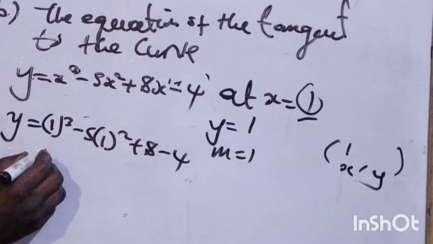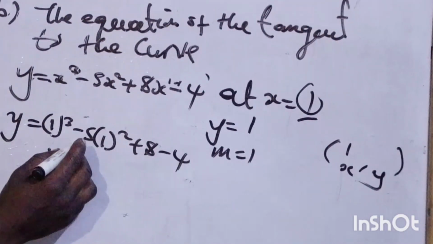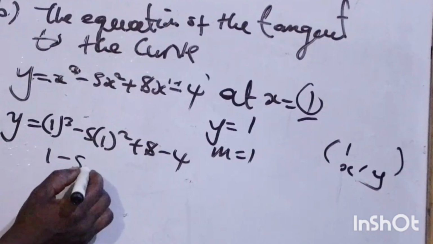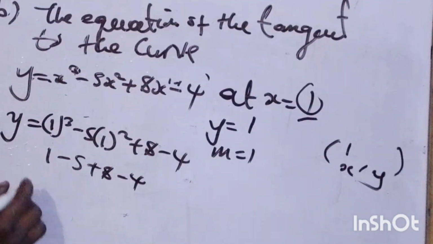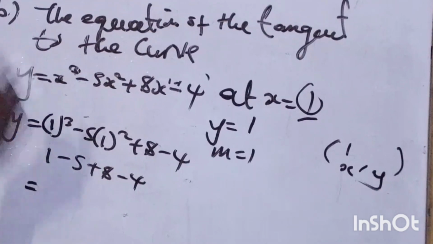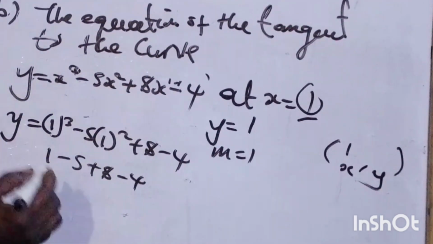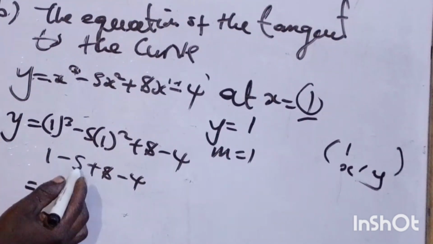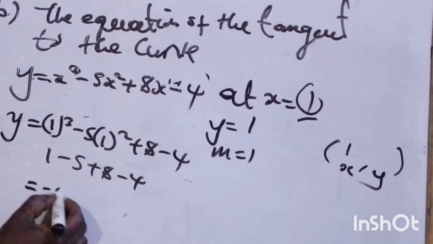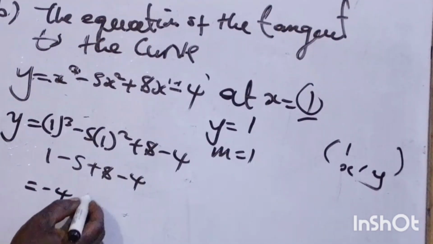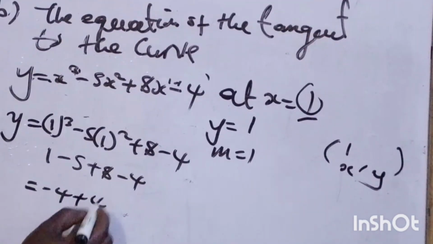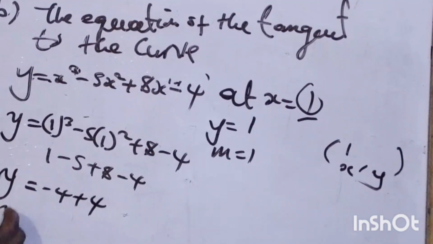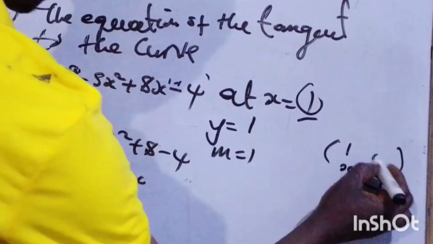Then 1 cubed is 1, minus 5 times 1, we're going to have 5, plus 8 minus 4, in which 1 minus 5, you're going to have minus 4. Then 8 minus 4, you're going to have plus 4 here. So that means our y is equal to 0. So this is our value for y.